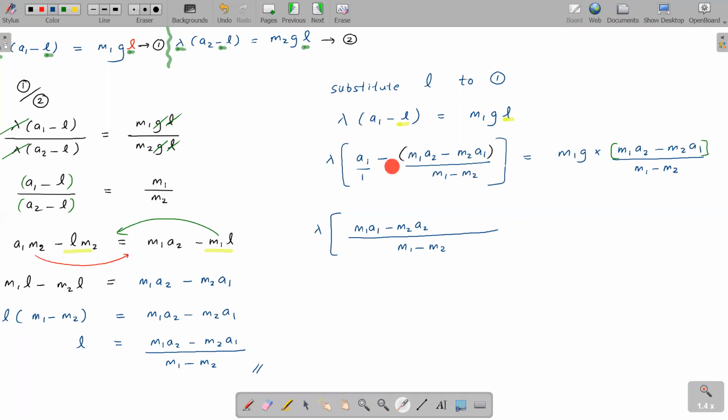This bracket must be opened with a negative sign. When you open with a negative sign, it's minus M1A2, and minus minus gives plus M2A1. So this is going to be minus M1A2 plus M2A1.